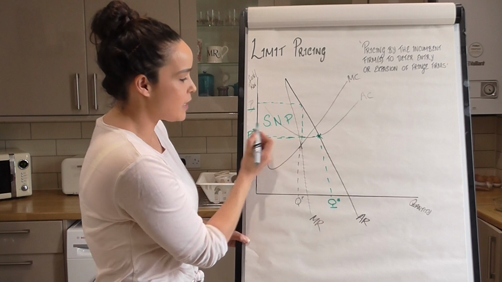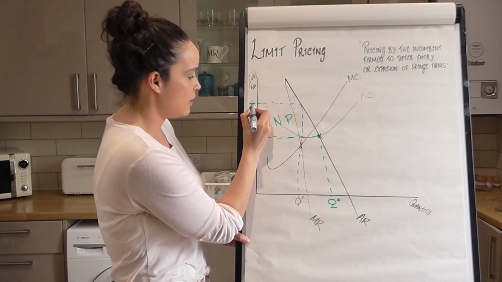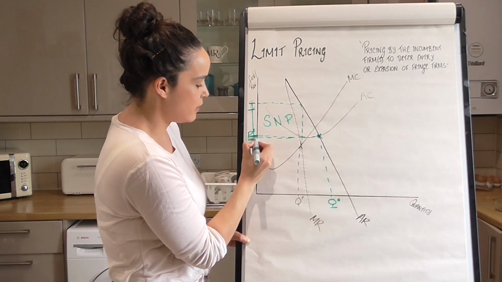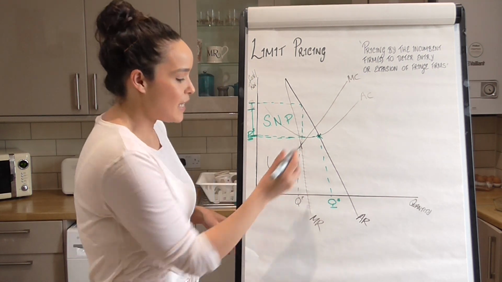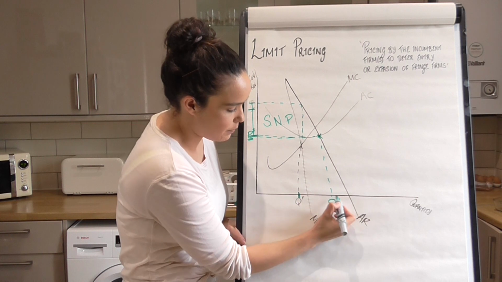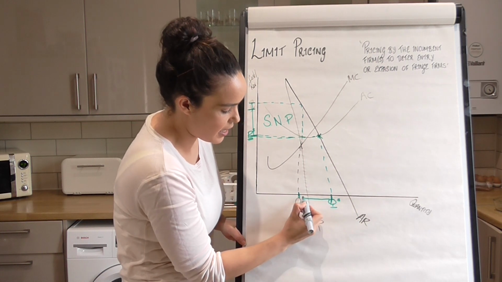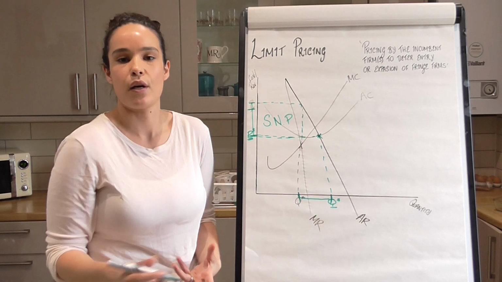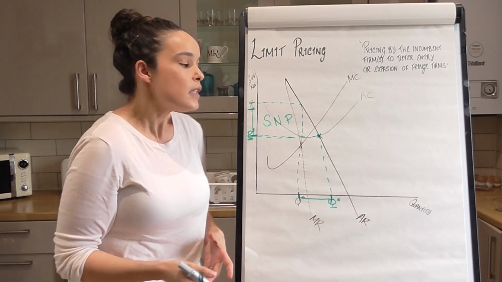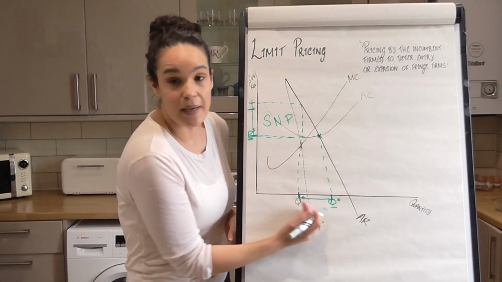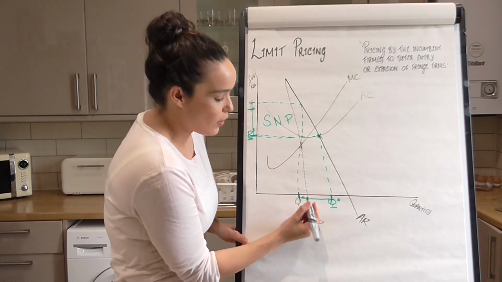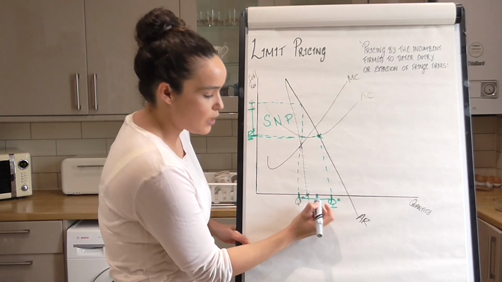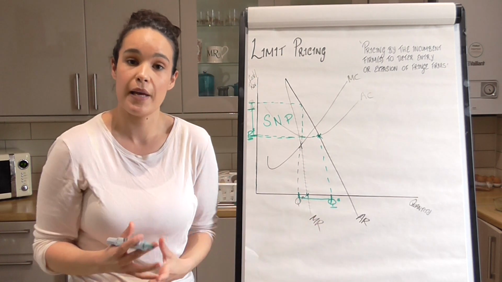So any price point between here and here is going to be a limit price, and any quantity that the firm decides to produce between here and here is a limit pricing quantity. So revenue maximization may well be limit pricing. Any quantity from here to here is also limit pricing.